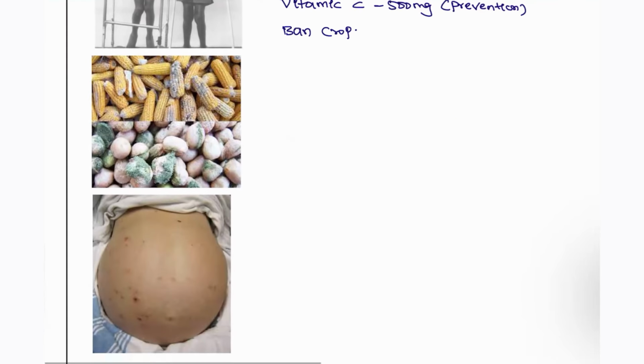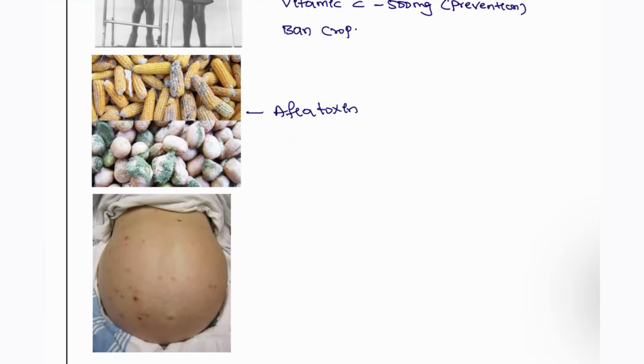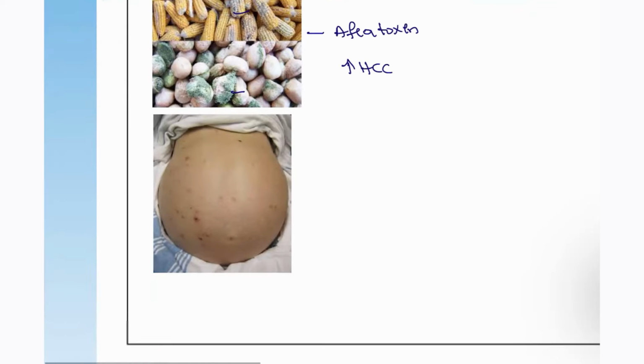Next, this is aflatoxins. Aflatoxins most commonly cause hepatocellular carcinoma. Maize and groundnut get adulterated when stored, and that is going to cause aflatoxicosis. Hepatocellular carcinoma will be seen in this patient. So it is better to avoid humidity and improve the storage techniques, that is important.